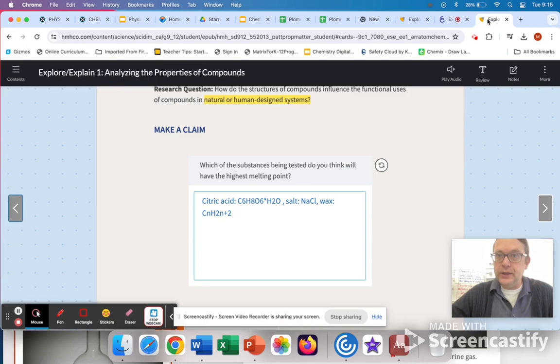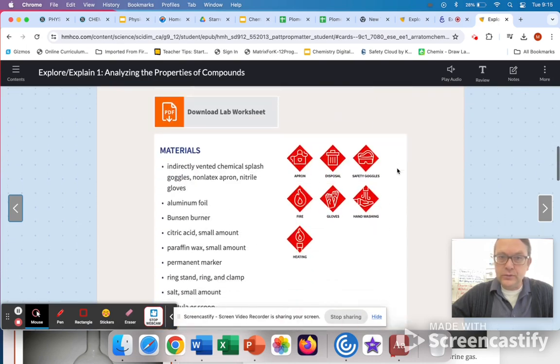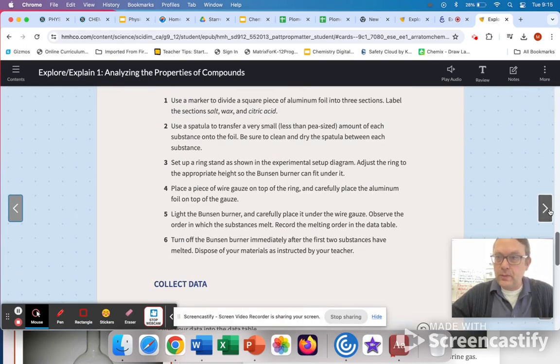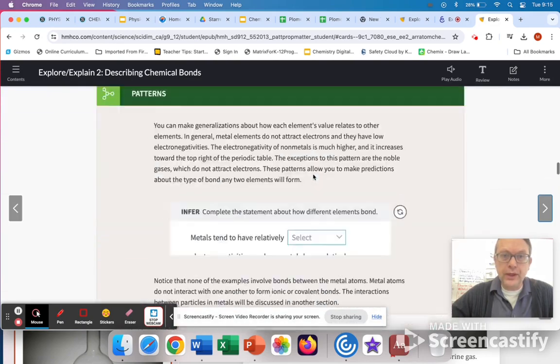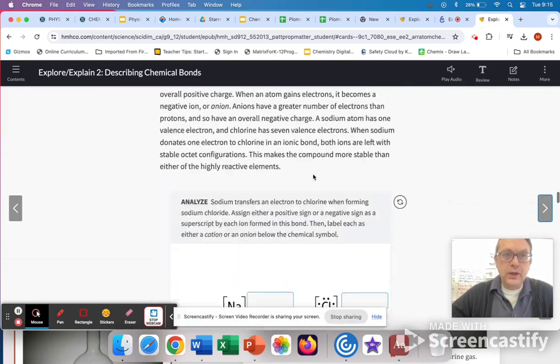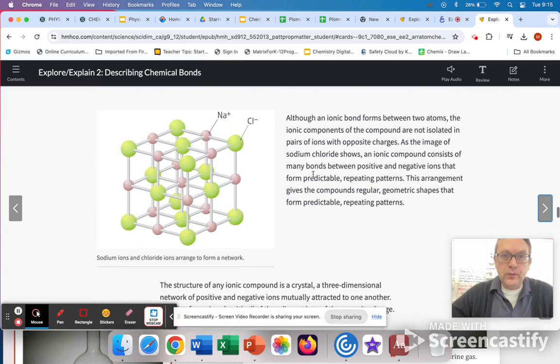So in a sodium chloride structure, we have one formula unit right here.